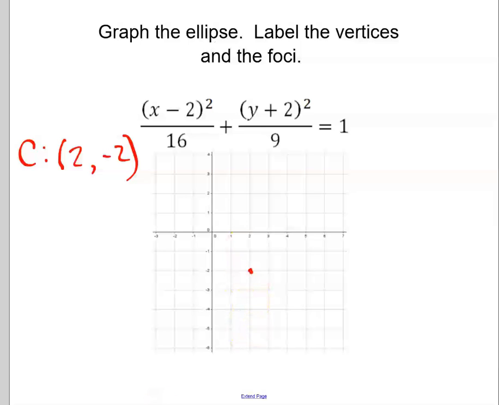You can figure out how much you go to the left and to the right by looking at the number underneath the x. That number is your a squared, and in this case it's a because it's the bigger one. Again, a is always the bigger one, and that's merely because that's what needs to happen to make our focal point equation work. That's the only reason why a is stipulated as being the bigger one.